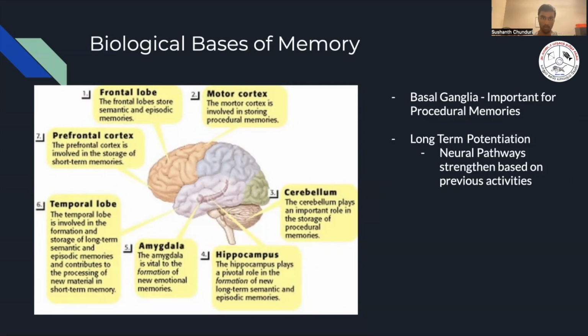The other important term here is long-term potentiation, where neural pathways will often strengthen based on previous activities. So if you do an activity over and over again, the neural pathway that is related to that activity will actually grow and become stronger, which makes you more likely to remember that fact or that procedure or whatever you're learning.